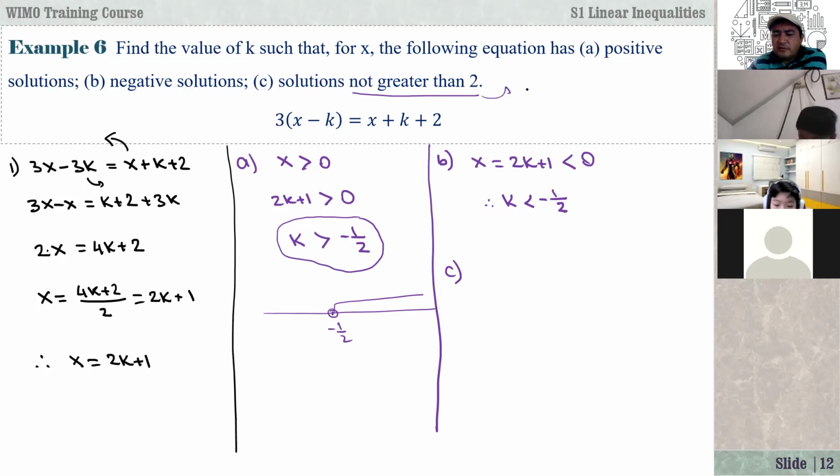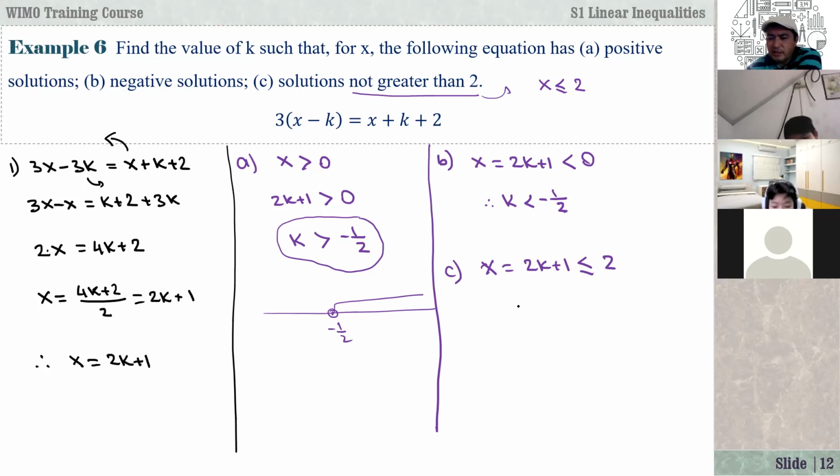And the last one, C, solutions not greater than 2. What does it mean? Not greater than 2 means x is less than or equal to 2. So what is x again? Our x is 2k plus 1 less than or equal to 2. We have to solve this to find the values of k.